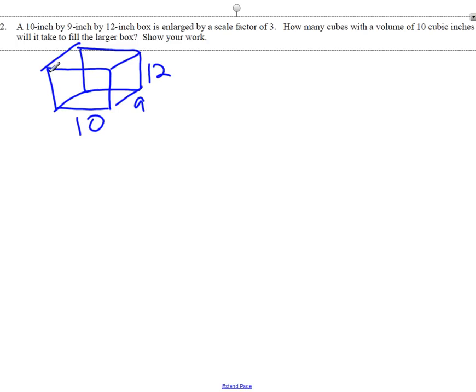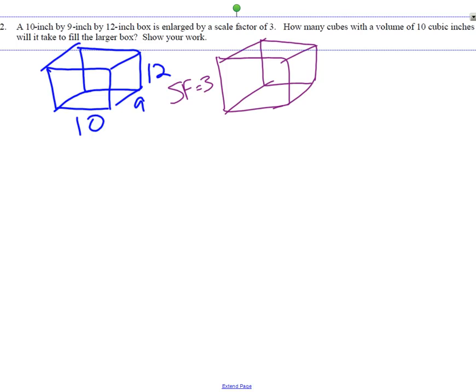So we could say, if this is a bigger box here, let me just assume it's bigger. What would the new side lengths be? It'd be 30, because 10 times 3 is 30. 27, 9 times 3, and 36.